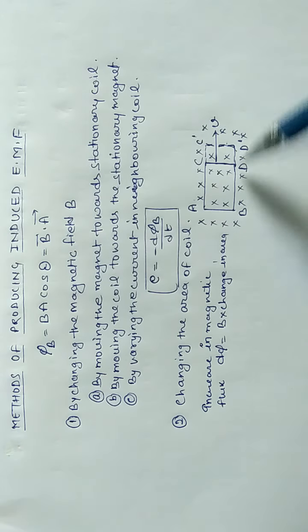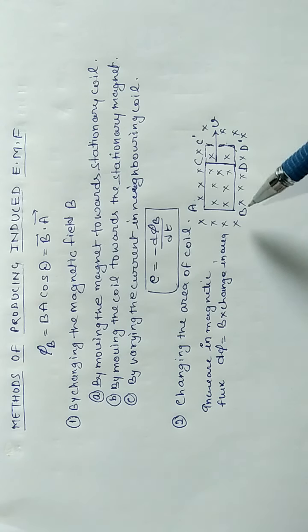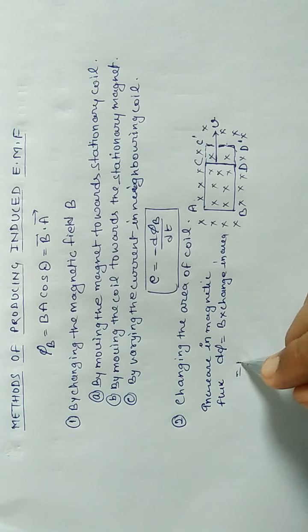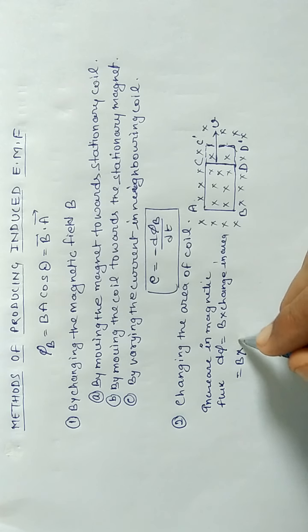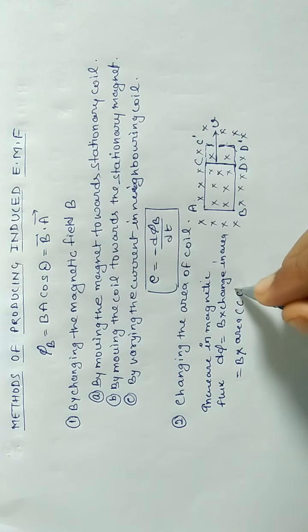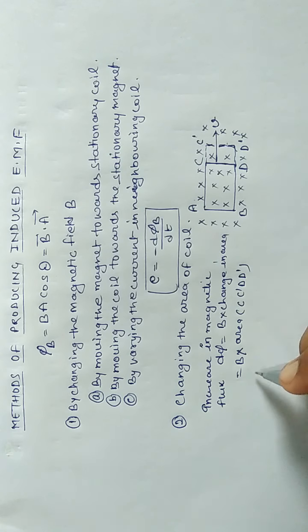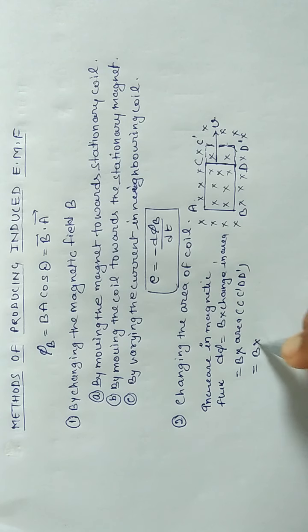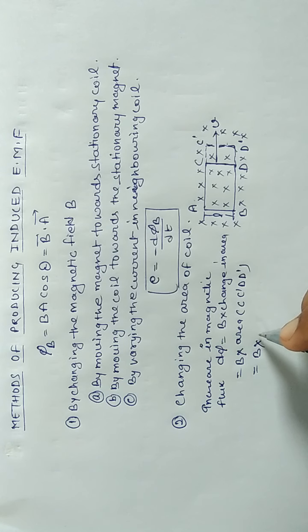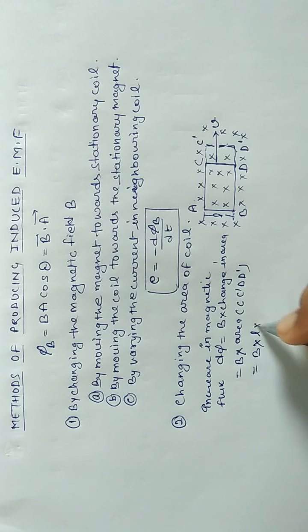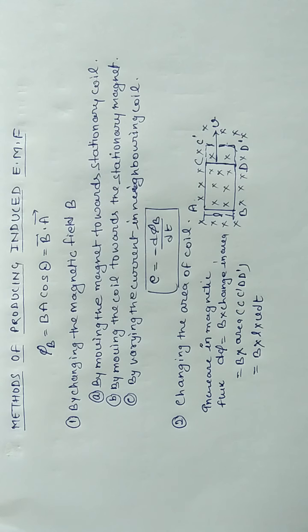Earlier the area was ABCD, now the area is ABD dash C dash. So B into the change in area, which is the area CDD dash C dash. If the length of this conductor is L, it is equal to B into L into v dt.